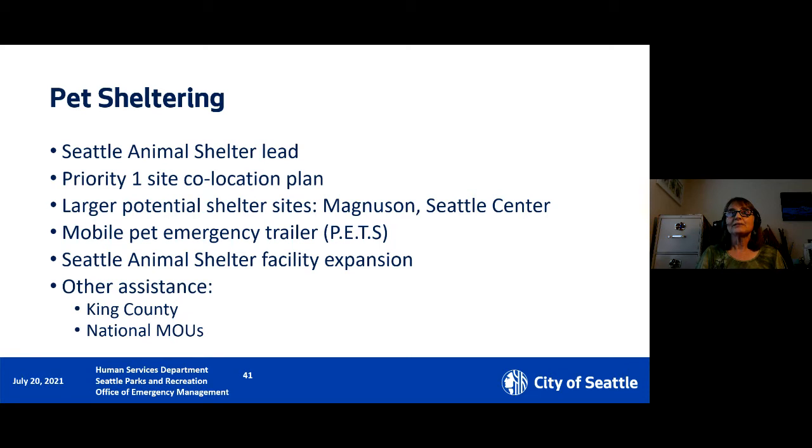The Seattle Animal Shelter is the lead for the city's disaster pet sheltering planning. Ideally, people can stay with pets, but that is not always the case.